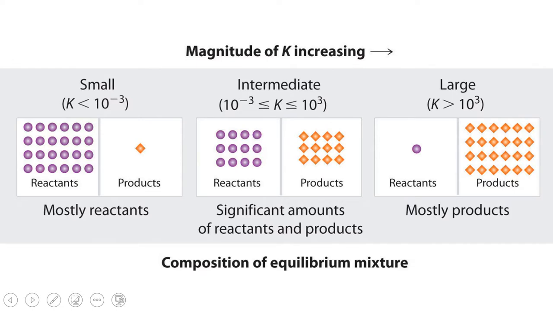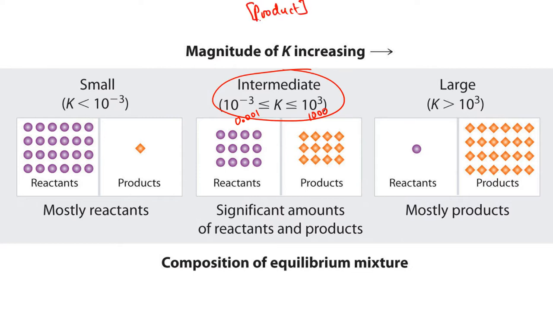So here's a visual describing the same thing as the last slide. When you have a KEQ value, now this is saying anywhere from 10 to the negative 3, which would be like 1,000th, all the way up to 1,000, right? So that's when we divide our product concentration by our reactant concentration. If we actually complete that calculation and we're getting a KEQ value in this range, we've got a pretty decent amount of both reactants compared to products, okay?